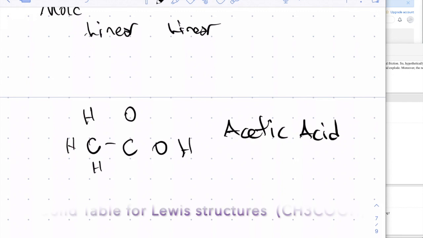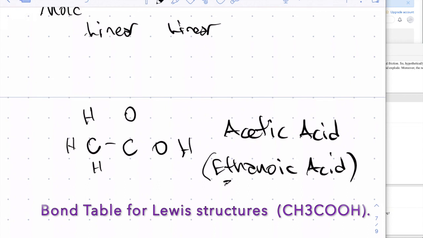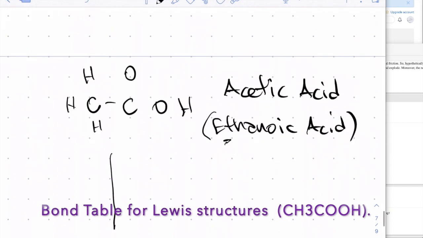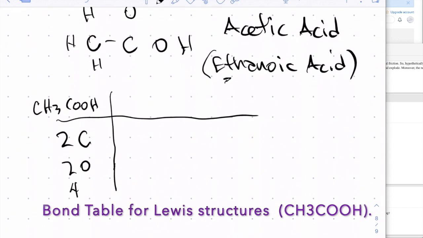Okay. It's also known as ethanoic acid in organic chemistry. Eth for 2 carbons. Let's go ahead and do the bond table. And the bond table, of course, is CH3COOH. That's the structure. 2 carbons, 2 oxygens, and 4 hydrogens.